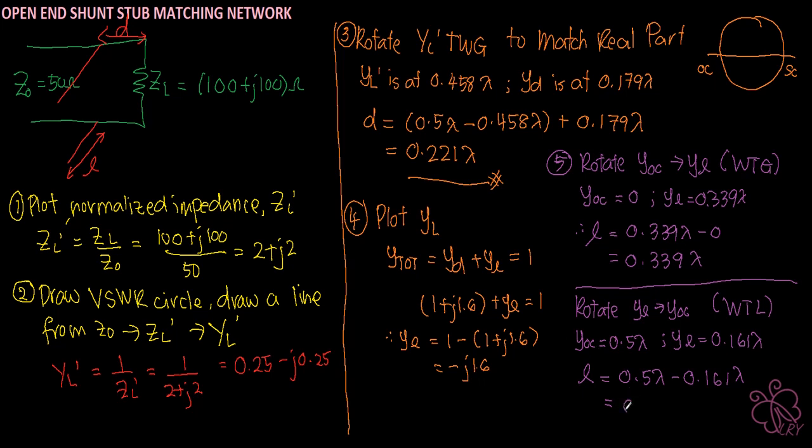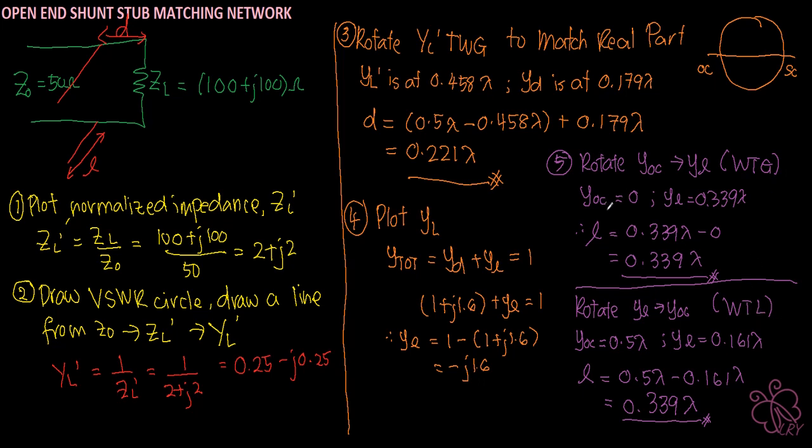So you will get 0.339 lambda. If you notice, the length of the stub is the same. Both get 0.339 lambda. So it doesn't matter whether you rotate towards generator or towards load.